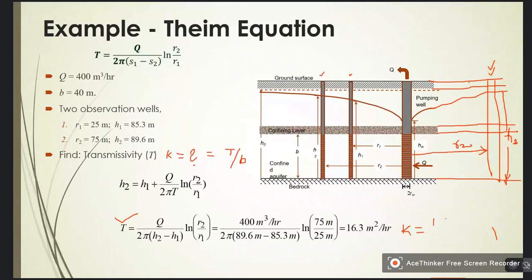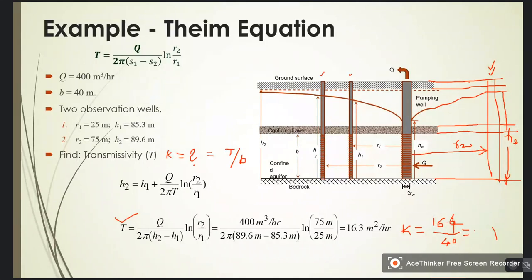16.3 by... so this is equal to, say, for simplicity, let us take it as 16.4. So this is 1.64 by 4.